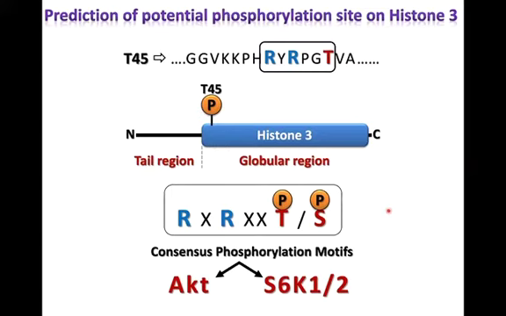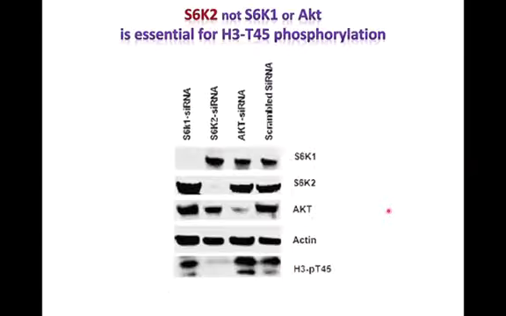Initially, an experiment was done to detect if this threonine is already phosphorylated. The initial experiment showed that S6K2, not S6K1 or AKT, is essential for H3T45 phosphorylation.